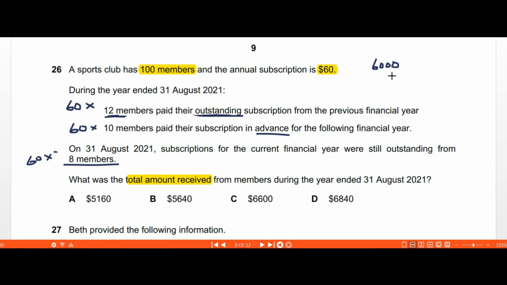So we know that they're receiving this outstanding amount, so 60 into 12, that makes it 720, and this 60 into 8 will make this 480. And the prepaid amount was 600.